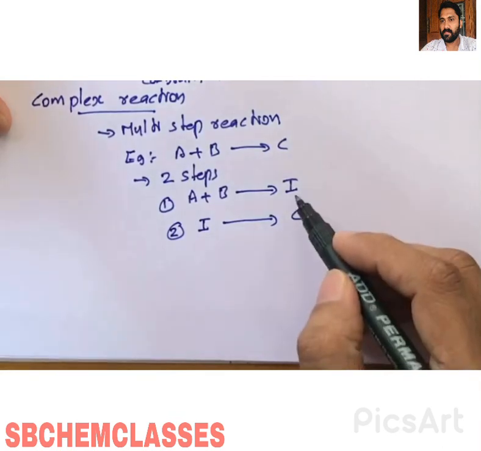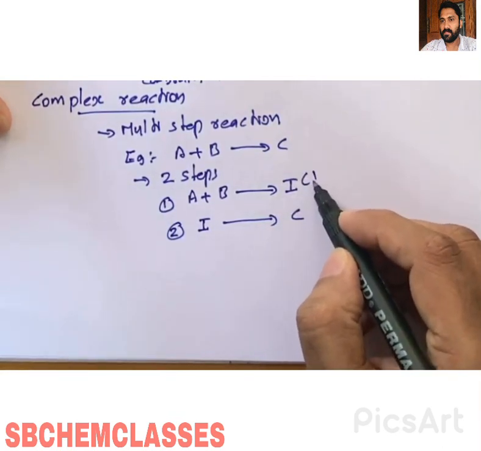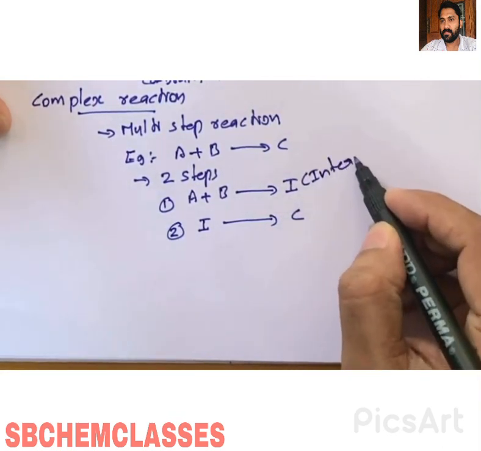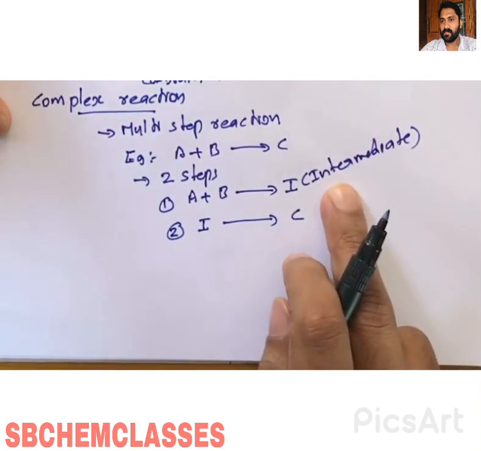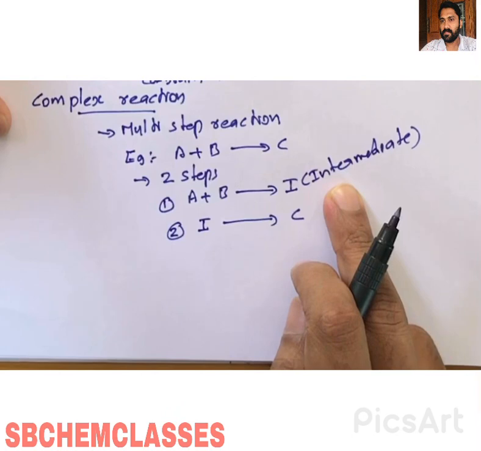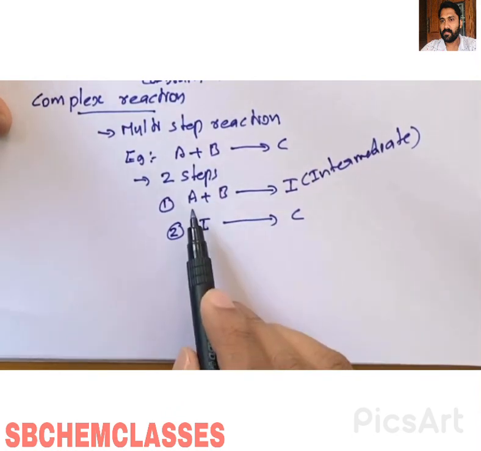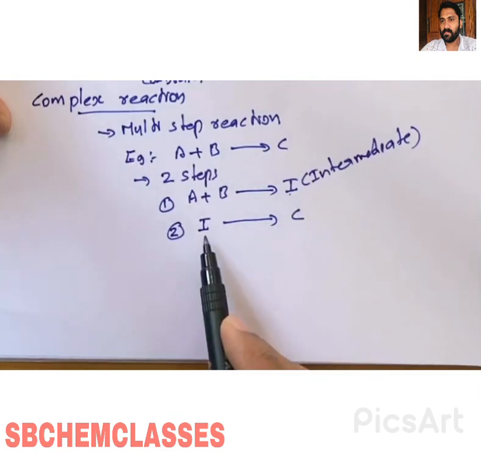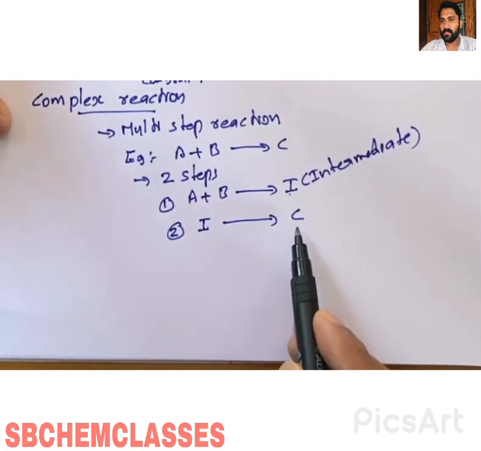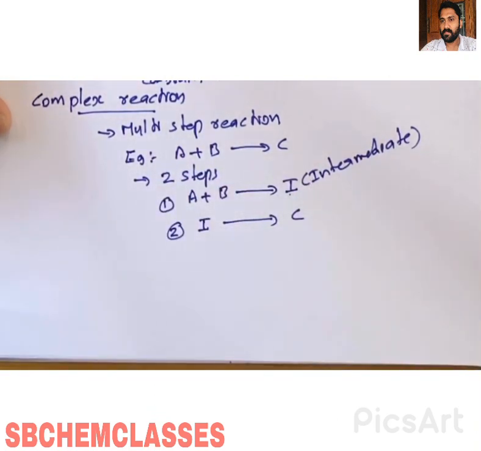So we are using the term intermediate. Intermediate and activated complex are different. Formation of the intermediate is one step. That the intermediate is converted to product is another step. So this can be drawn as a graph.